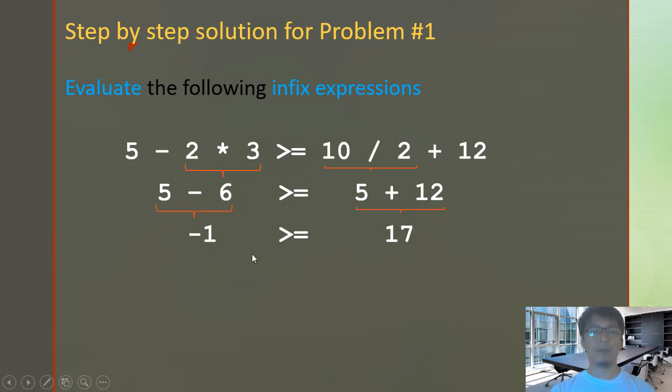All you have to do is check if negative 1 is greater than or equal to 17. If it is, the answer should be true. But if not, the answer is false, because negative 1 is less than, not greater than. So the answer is false or 0.